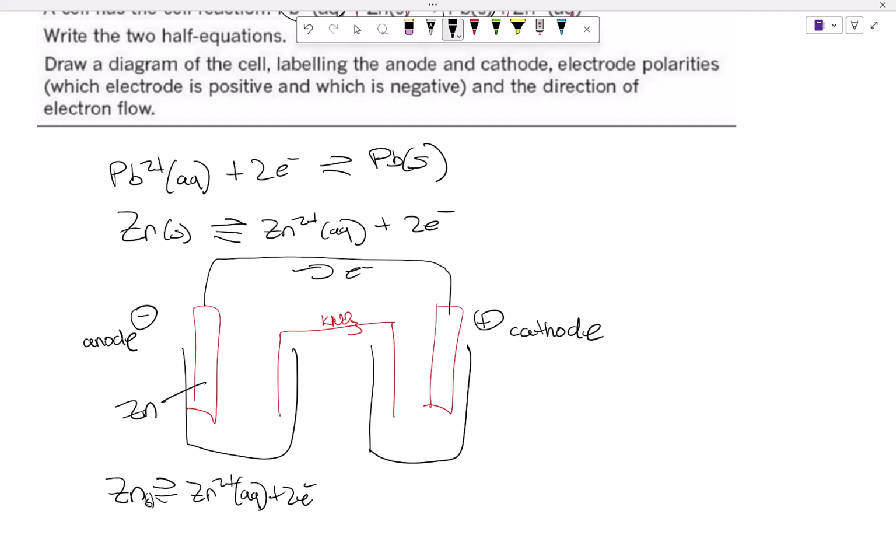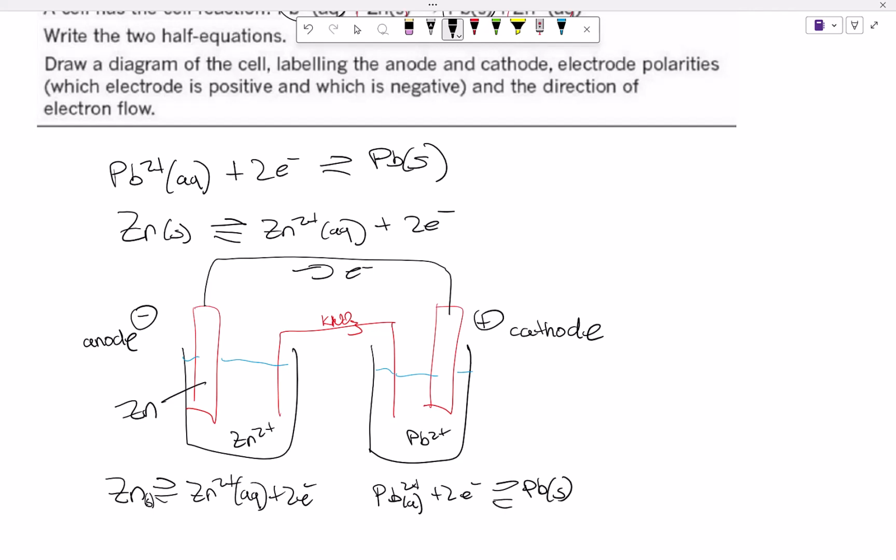You're going to have Pb2+ in here. Again, you'd probably have a Zn2+ here. Keep in mind, you've got a solution here. All right. Over here, you're going to have Pb2+ plus 2 electrons gives you Pb solid. Don't forget the states it's in.